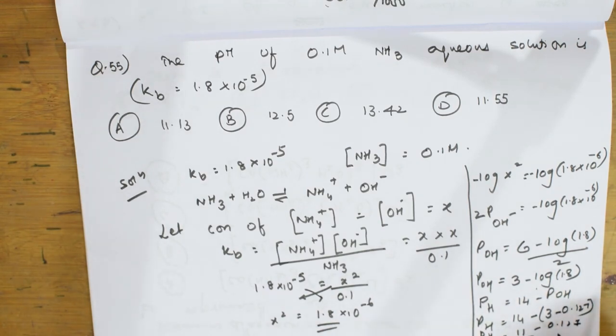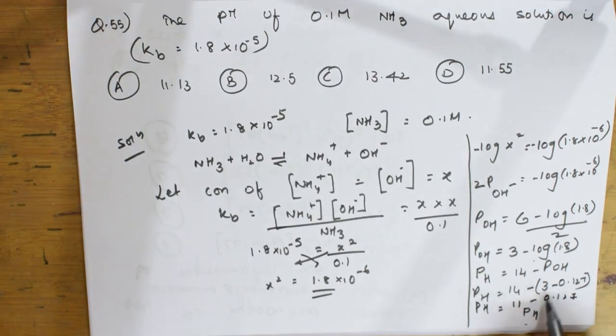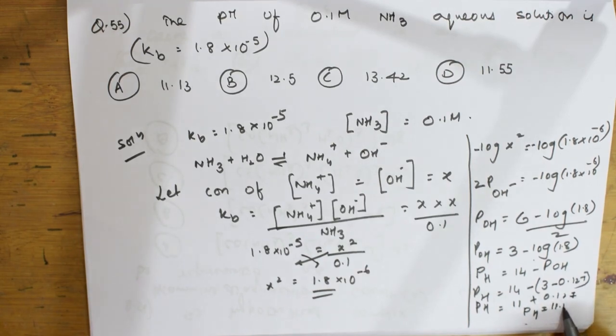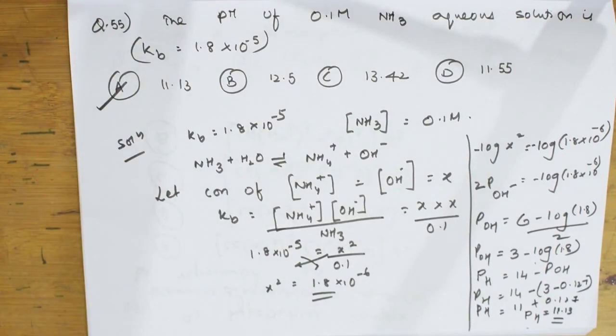Let me see once. 14 minus 3 is 11, minus into minus is plus, so together it comes to 11 point almost 127. So this is the answer. So the correct option is 11.3. Hope this is clear, students. Now let's come back and do the next question.